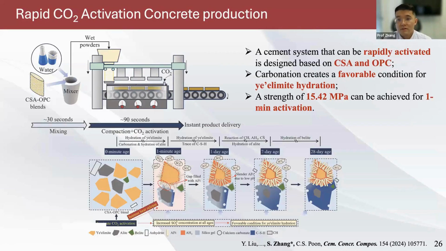We found that a strength of 15.42 MPa can be achieved with 1 minute of activation. So theoretically, after 90 seconds of compaction and CO2 activation, the product is ready to ship out. That will significantly reduce the damage rate of precast concrete plants, which is normally 1% to 3%, which is quite a lot.